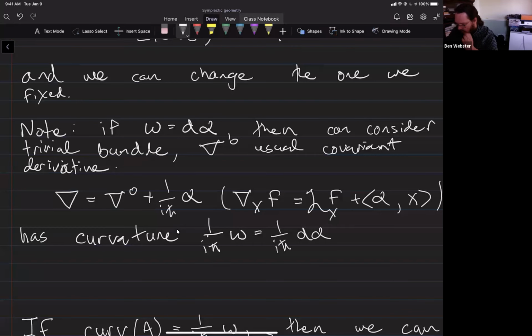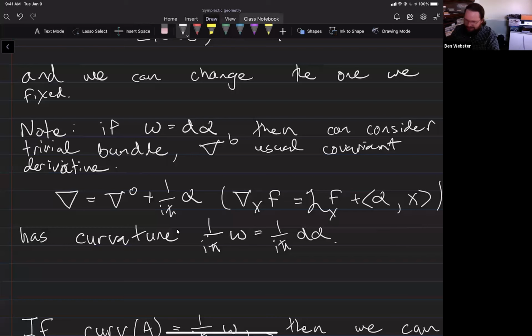Right, so we calculated this when we were talking about this Yang-Mills stuff, that if I have any two connections on a given principal S1 bundle, they differ by some gauge transformation, and the difference between the connections as forms is the one form given by d of that gauge transformation.